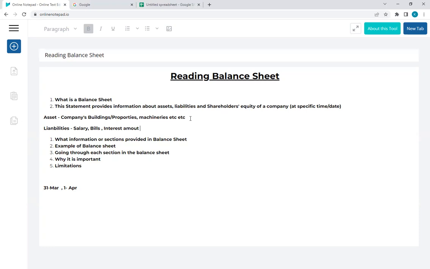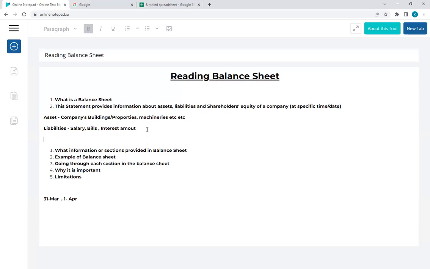Every company will have some loans, right? That interest amount will also be considered under liabilities. So assets are what generate money for the company, and liabilities refer to the money the company is paying to other parties.